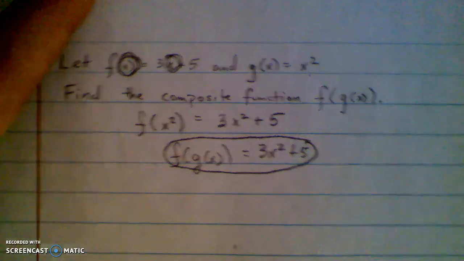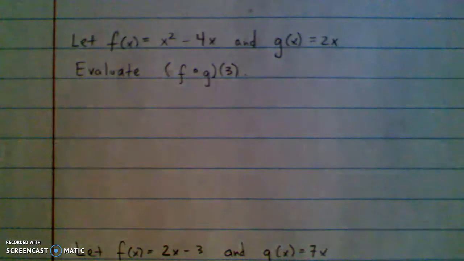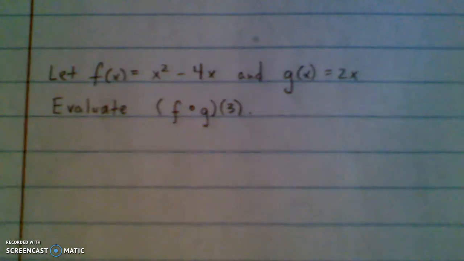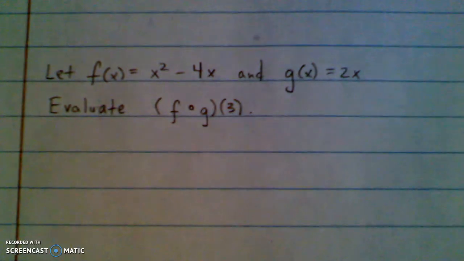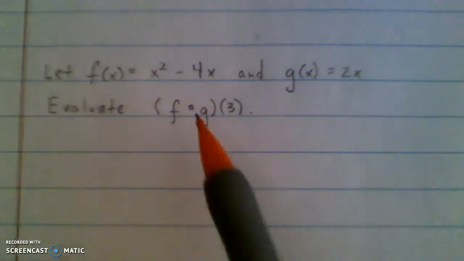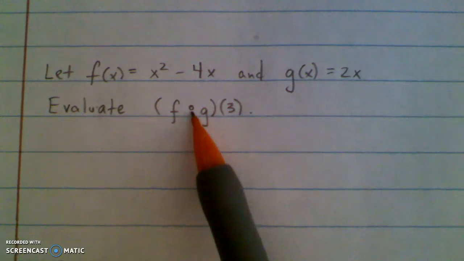Okay, second example. They're going to give a different notation, but it means exactly the same thing. However, there's a slight difference here. And you may want to look in your book to see exactly what it looks like. Most people mistake it for a multiplication sign, and it's really a small circle.